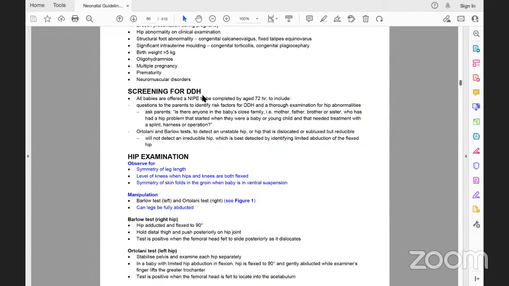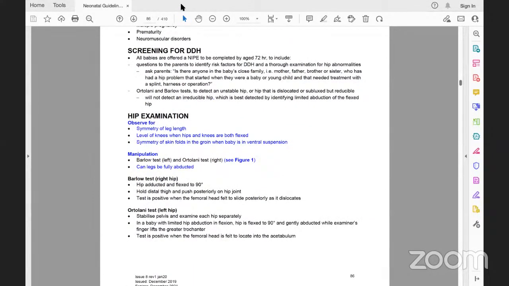Now, screening. How will we do screening for developmental dysplasia of hip? Below 4 months, the center of the hip joint does not ossify. That is why below 6 months, the test is ultrasound. There is a difference between a screening test and a diagnostic test.